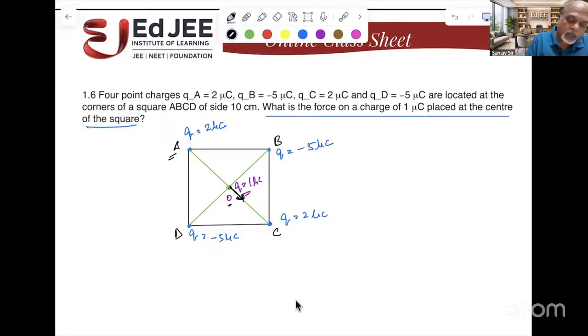Suppose, since this is the center of the square, this is A, this is A. Correct? Now, due to B, a -5 microcoulomb charge is there. So it will attract like this.